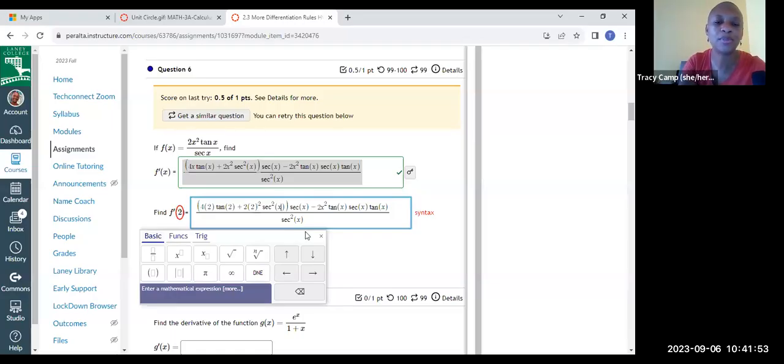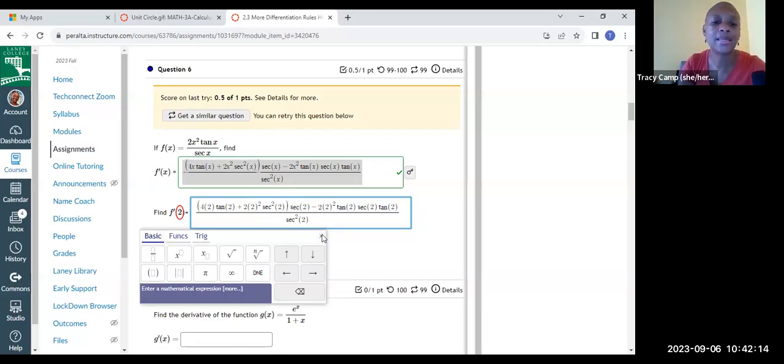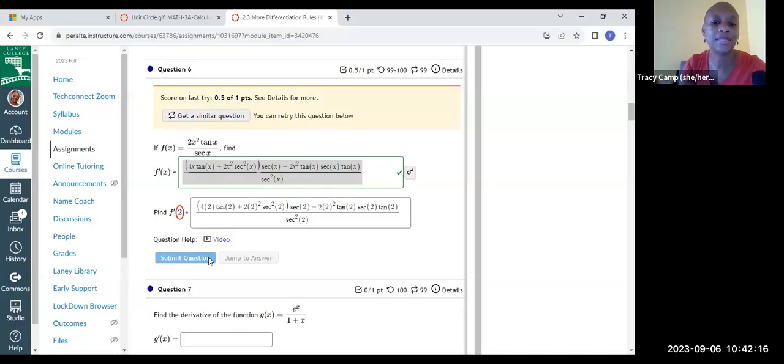Like that 2 times 2 squared, you might know that's 8, so I can just put 8. Same thing here. I could just replace this whole part with an 8, but I'm just replacing every single x with a 2. And whatever that is, that's my answer, and it'll happily accept it.